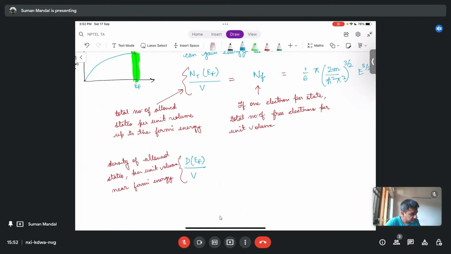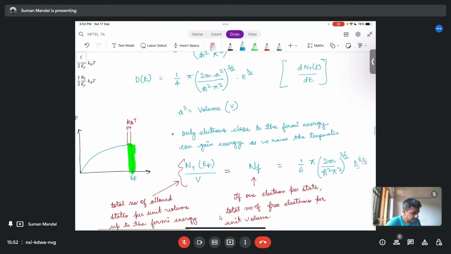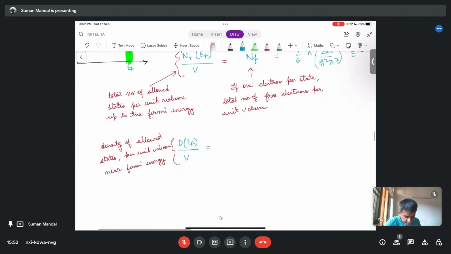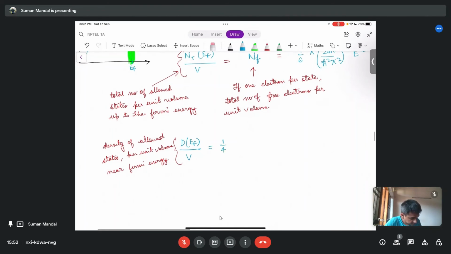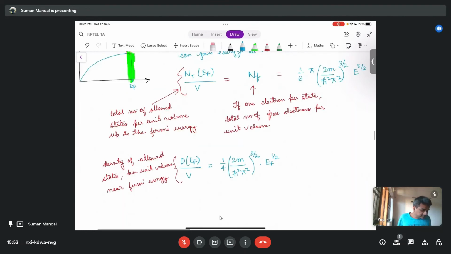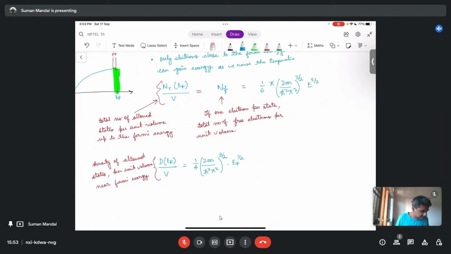So again we just divide this by a cube. If you put it directly from this, you can correlate and find this value.